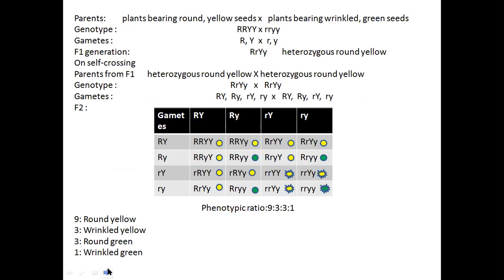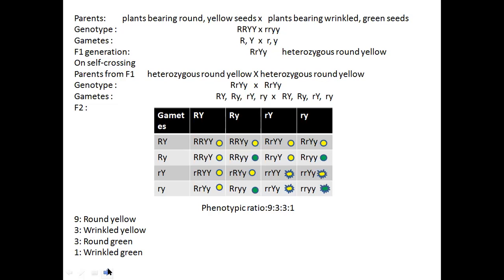So, in this example, we shall clearly understand the law of independent assortment. You can see the parent selected a round yellow seed plant and a wrinkled green seed plant. The genotypes are capital R, capital R, capital Y, capital Y, crossed with small r, small r, small y, small y. Because we are considering two characters at a time, gametes are formed.